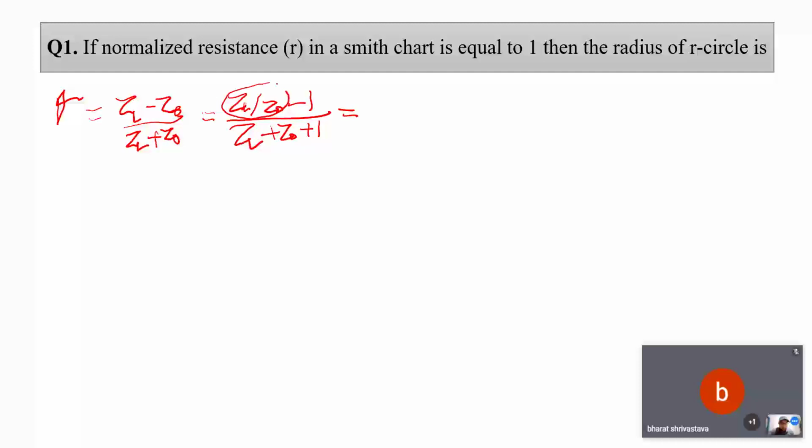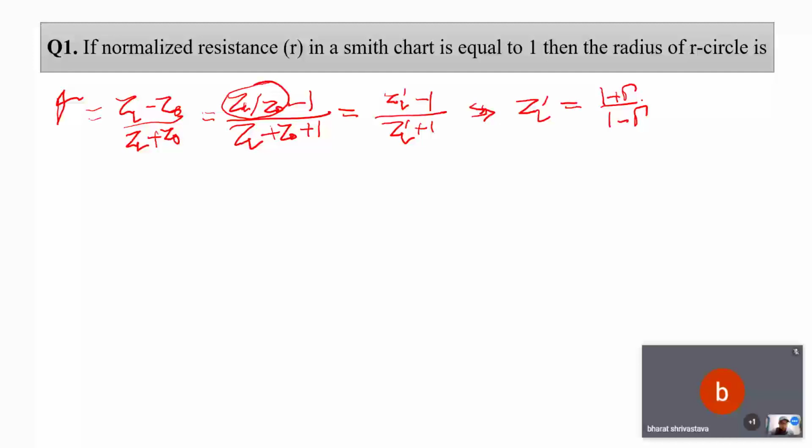This represents the normalized impedance, defined by ZL prime. We can also represent ZL prime in terms of gamma. This will be equal to 1 plus gamma over 1 minus gamma.